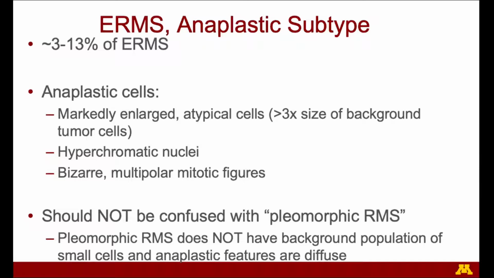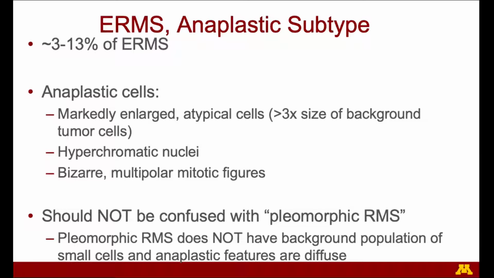Anaplastic embryonal rhabdomyosarcoma is another morphologic variant, which is now a subtype of embryonal rhabdos in the WHO book. They include 3 to 13% of embryonal rhabdomyosarcomas. It has scattered clusters of malignant cells, which are markedly large and atypical, usually more than 3 times the background sarcomatous cells.